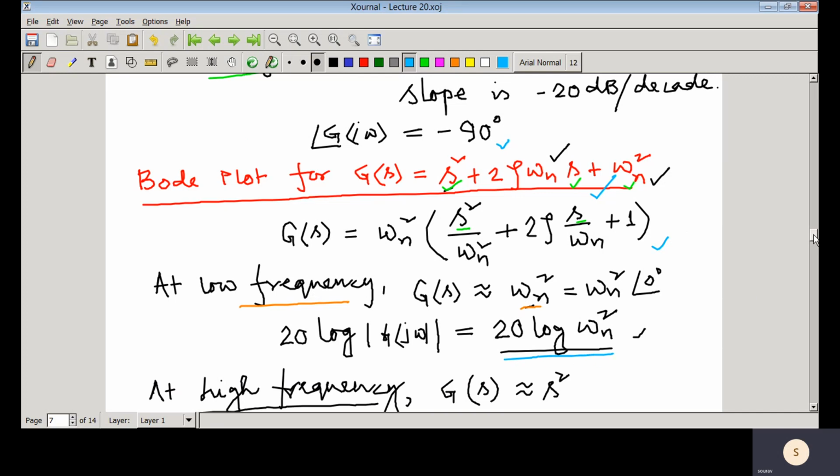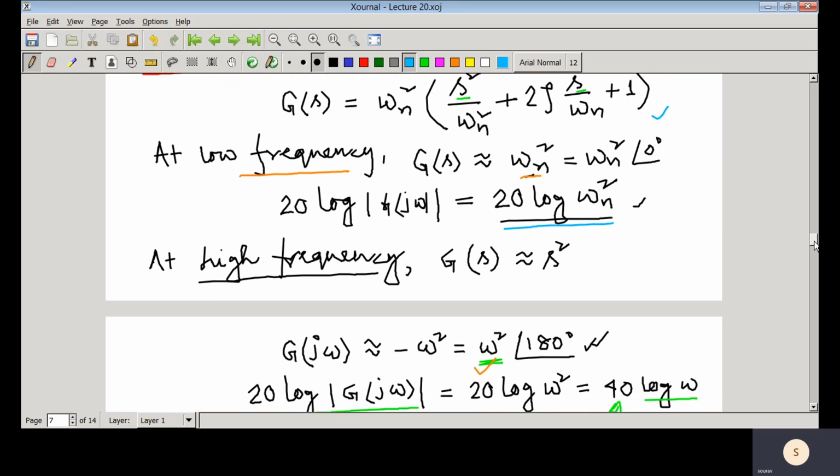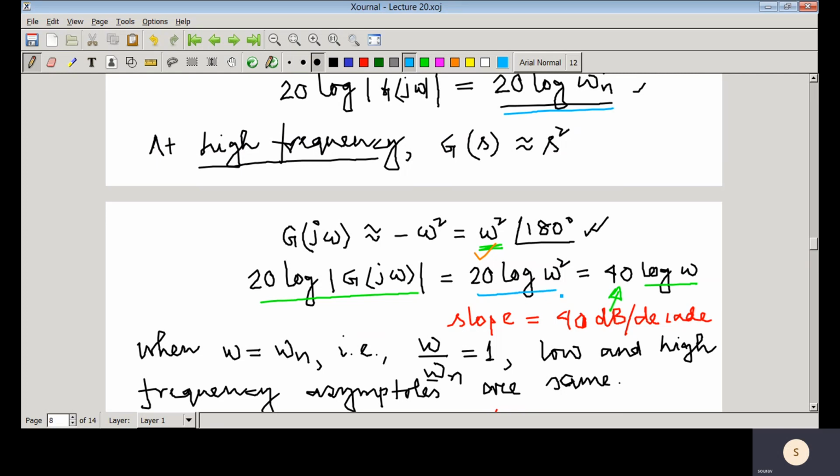That is the asymptotic gain, and at high frequency we have 20 log omega square, that is 40 into omega. So the slope would be 40 dB per decade.